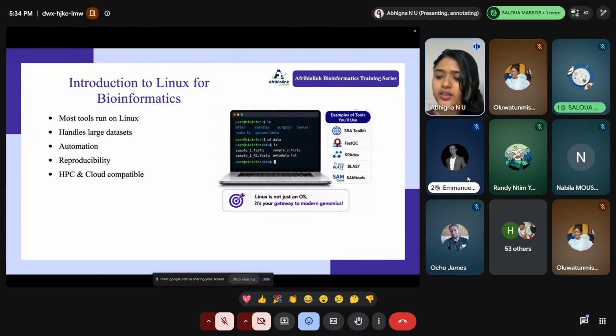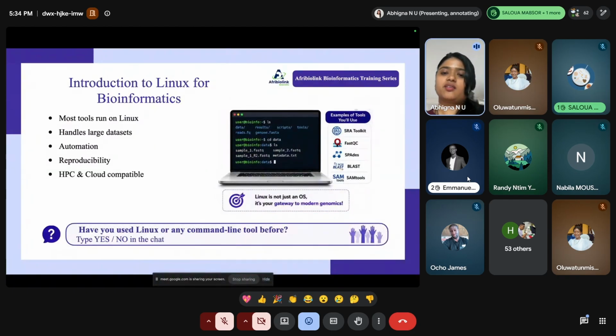And for NGS sequencing, mainly we use the SRA toolkit, FastQC for quality assessment, NCBI BLAST, SAMtools, everything we have in Linux.